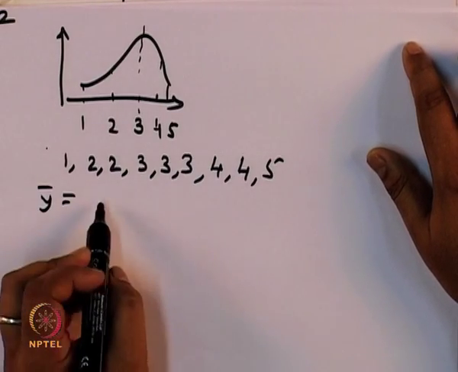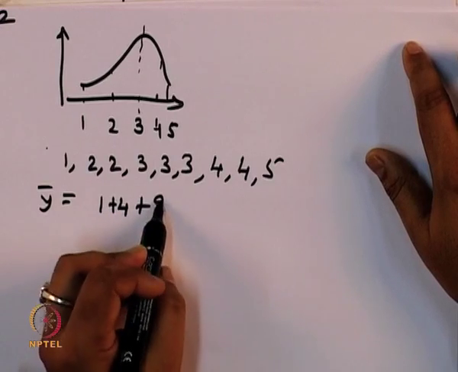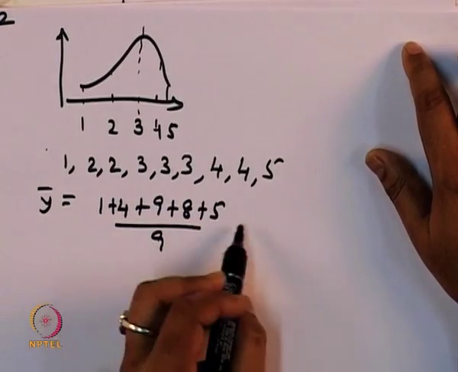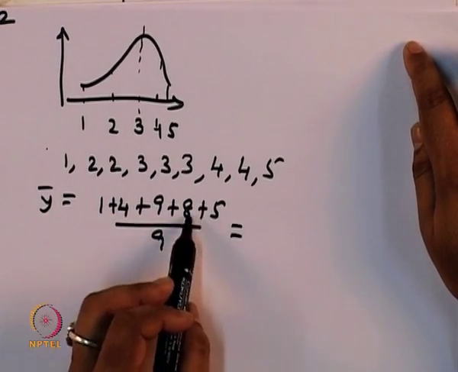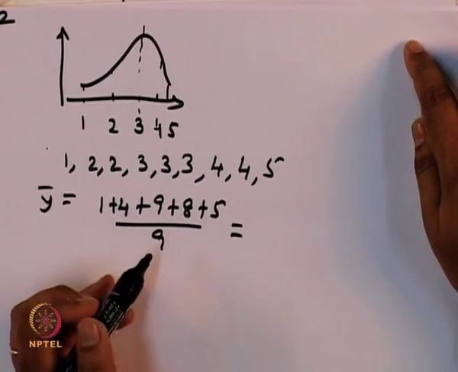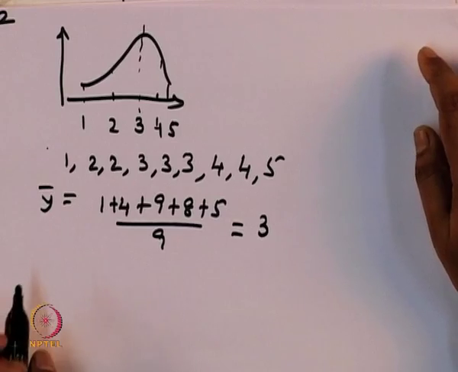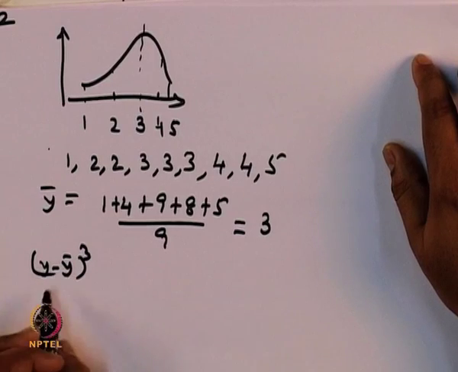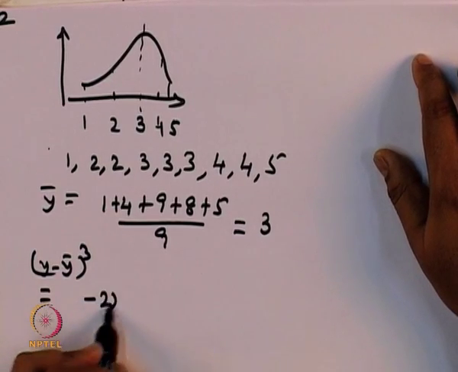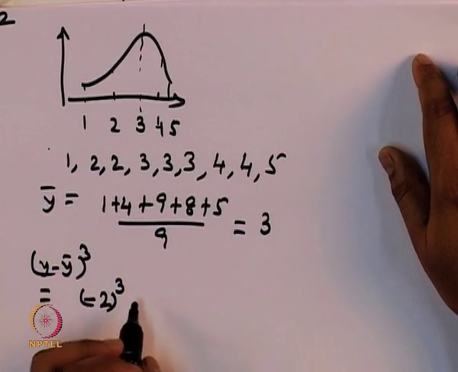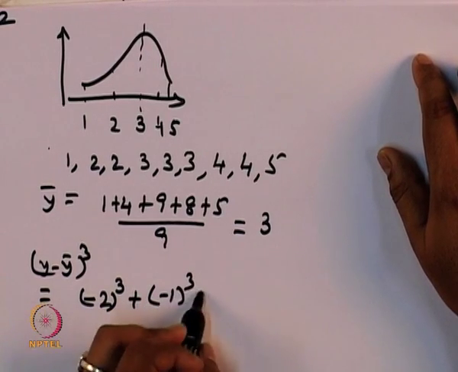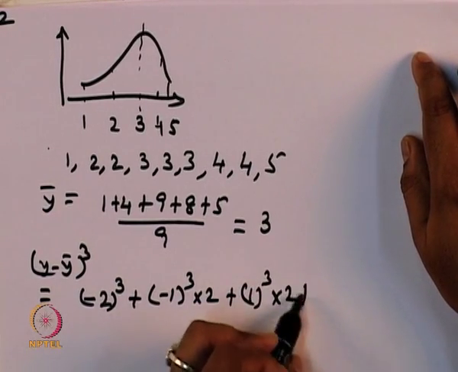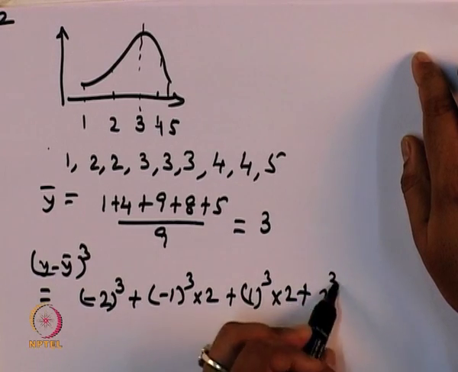So, y bar is going to be 1 plus 4 plus 9 plus 8 plus 5, divided by 9 numbers, which is 5 plus 5 is 10, 9 is 10 and 17 is 27. So, y bar is nothing but 3. So, y minus y bar whole cubed is going to give me minus 2 whole cubed, plus minus 1 whole cubed into 2, plus 1 whole cubed into 2, plus 2 cubed.